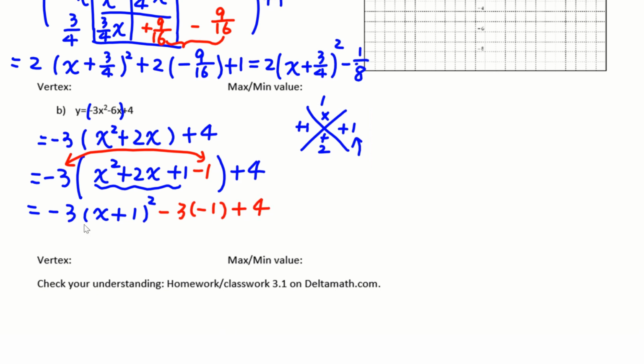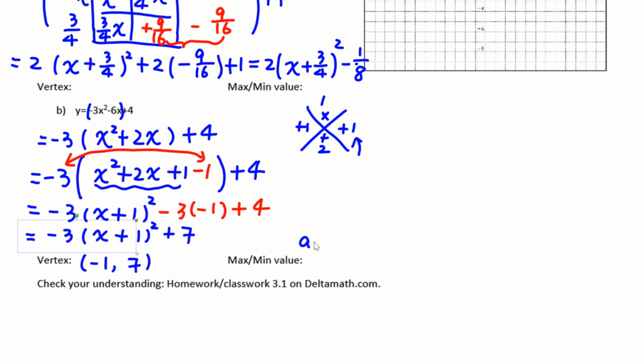You combine the like terms, you will have negative 3 bracket x plus 1 bracket squared plus 7. Okay, so we have the vertex: the p value needs to be the opposite, which is -1, and positive 7.